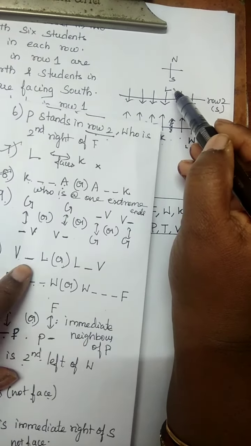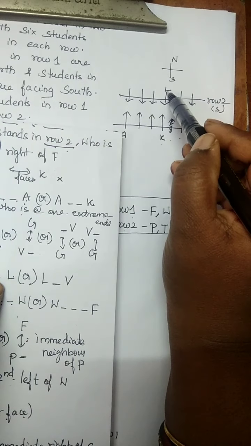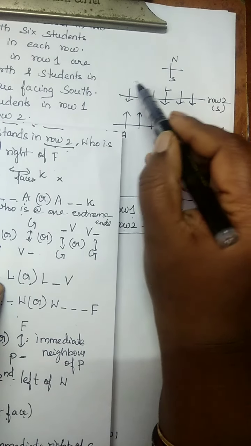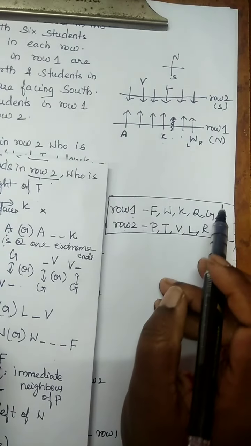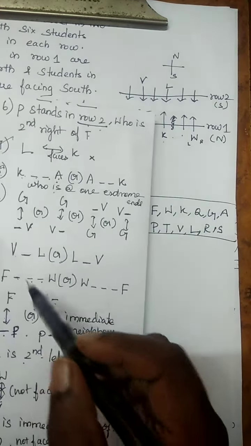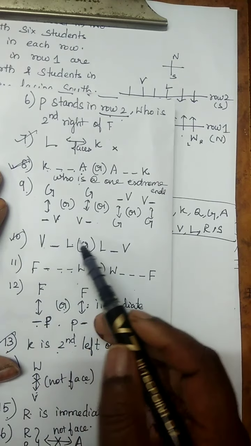And then one person between V and L. So V must be here. Now this clue is also finished.